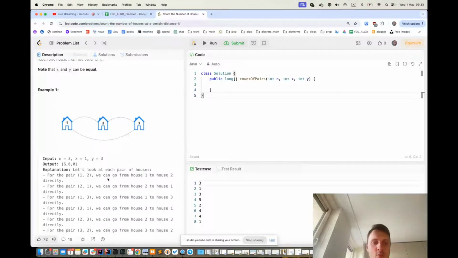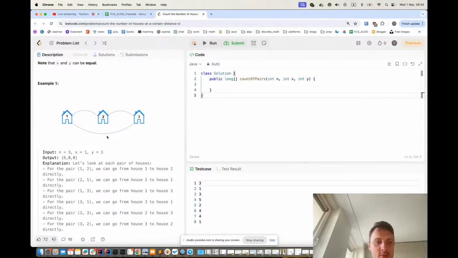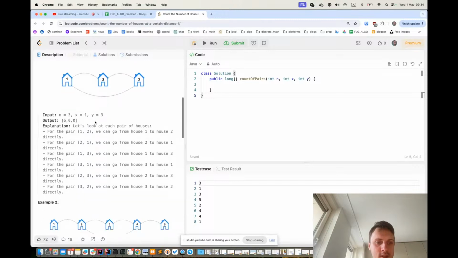For pair 2 and 1, we can go from house 2 to 1. From 1 to 3, we can go directly. And from 3 to 1, also directly. From 2 to 3, we can also go directly. And from 3 to 2, also directly.